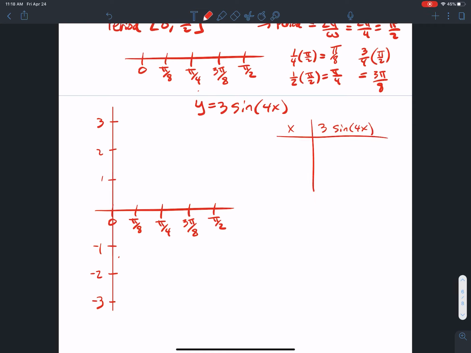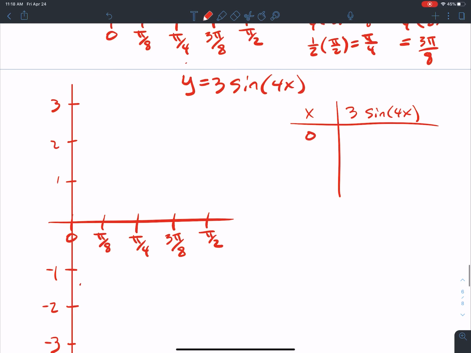If I plug in a 0, what do I get? I get 3 times the sine of 4 times 0. That's 3 times the sine of 0. Well, the sine of 0 is 0, so 0 times 3 is 0. So my first point on my graph is right here.